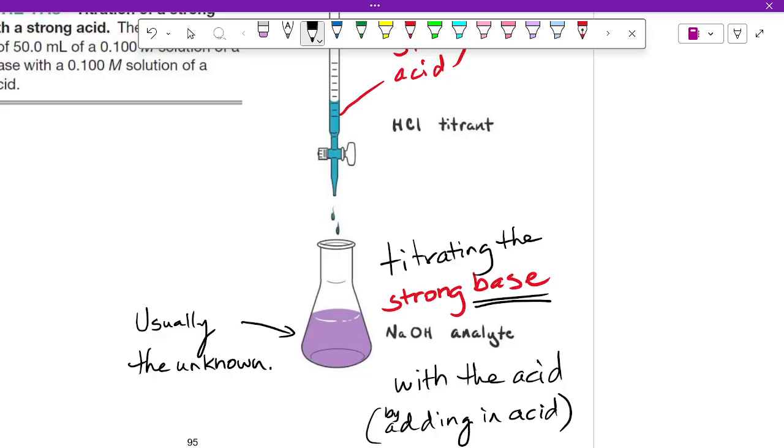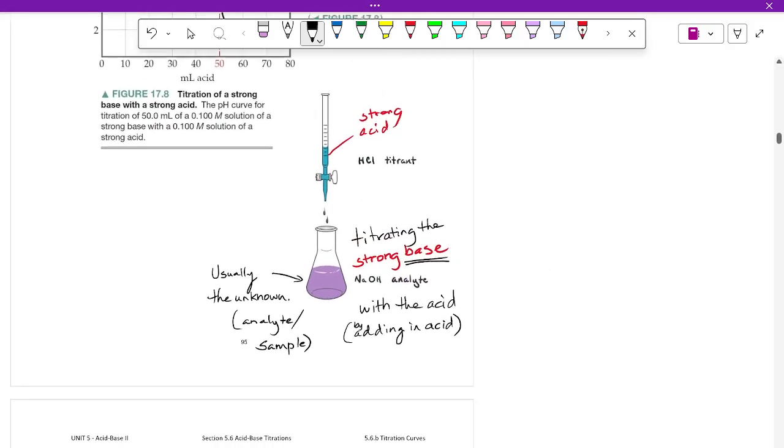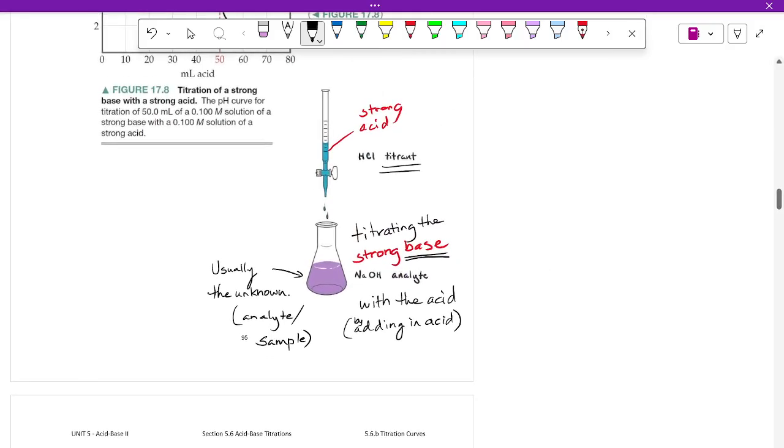When we do our lab in that last week of classes, we'll see that we actually at one point put the known in the flask and the unknown in the burette, but it's okay. So this is usually the unknown. It is usually the analyte, the sample. And this is our titrant. It is our standard.